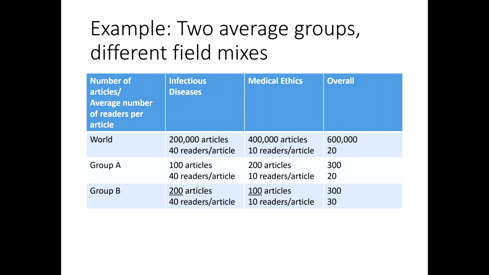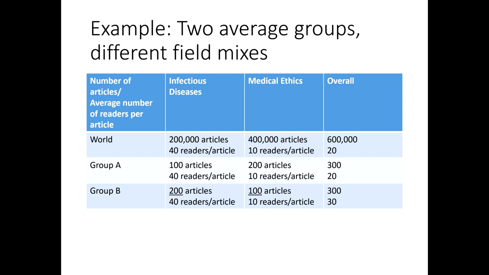Here's an example to illustrate this problem. So we have two research fields that are being compared, infectious diseases and medical ethics, and we have two groups, Group A and Group B, and both Group A and Group B publish some infectious diseases research and some medical ethics research.